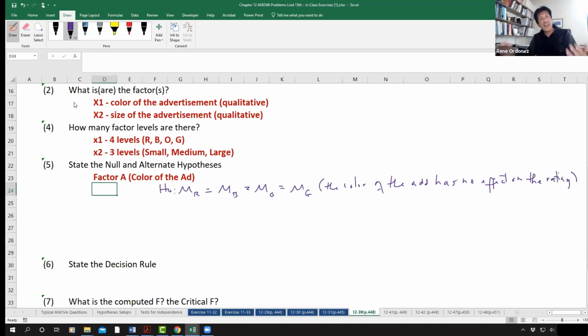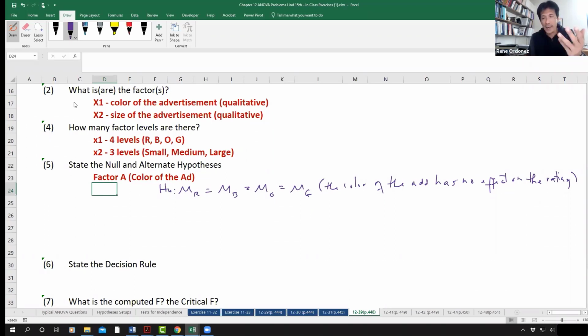Translation: a consumer reading an ad will rate that ad the same way regardless of color, right?